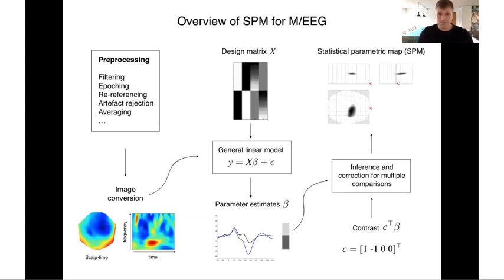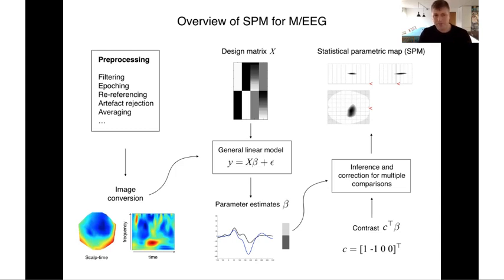So first of all, an overview of SPM for MEG and EEG. So usually after acquiring data, we would pre-process the data, as we've seen. So we would filter, we would usually epoch the data into data segments around the timing of the trials. We would re-reference in the case of EEG data, and we would identify artifacts and remove them.